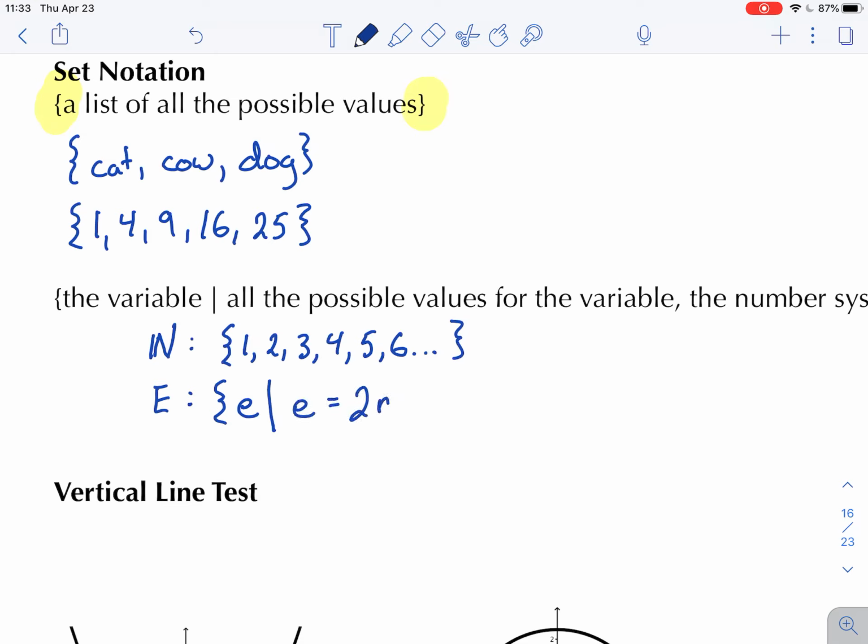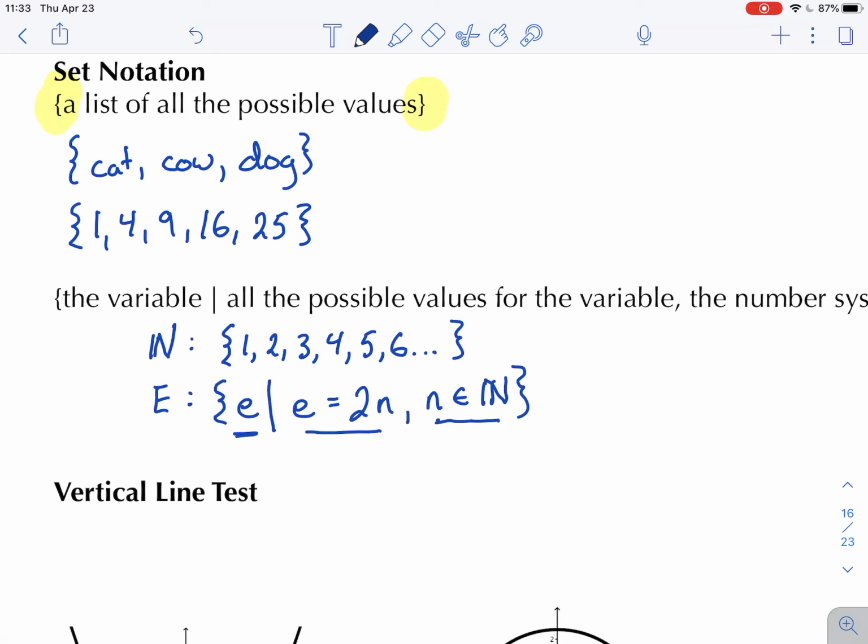So our even numbers, E, such that an even number is equal to 2 times some other number, where this number is an element of the natural numbers. Our variable is E, and E is equal to 2 times some number, where that number is some part of the natural numbers.